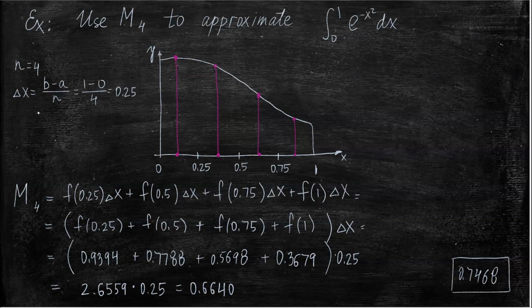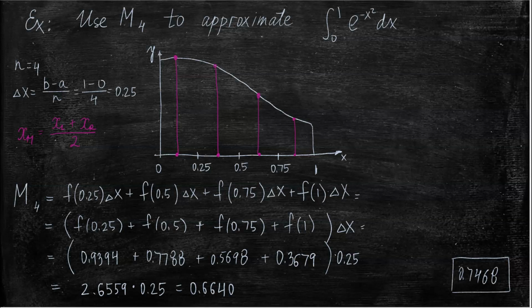So an extra step that we're going to get here is we need to now figure out what the midpoints are. That's actually pretty easy, because the midpoint is always going to be the left endpoint plus the right endpoint divided by 2. So that's the average of the 2 values.